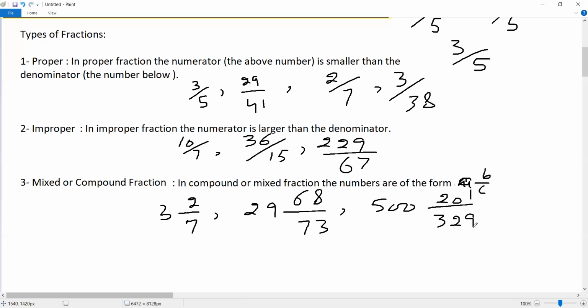These kinds of numbers are called mixed or compound fraction. So in mixed or compound fraction, we have numbers in this form. Everyone got it? If you have any question, then you can ask me.